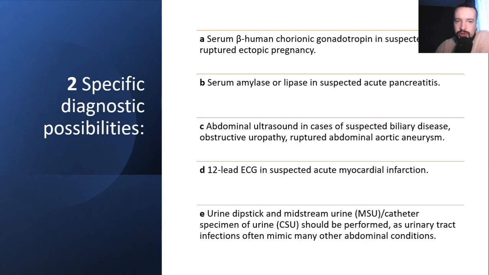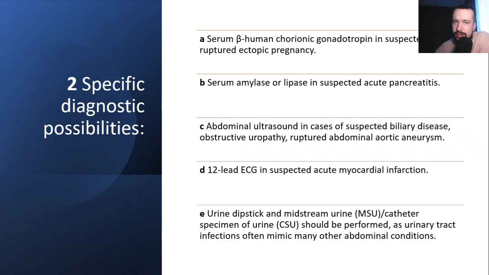Specific diagnostic possibilities. Serum beta human chorionic gonadotropin in suspected ruptured ectopic pregnancy. Serum amylase or lipase in suspected acute pancreatitis. Abdominal ultrasound in cases of suspected biliary disease, obstructive uropathy, ruptured abdominal aortic aneurysm. 12-lead ECG in suspected acute myocardial infarction.